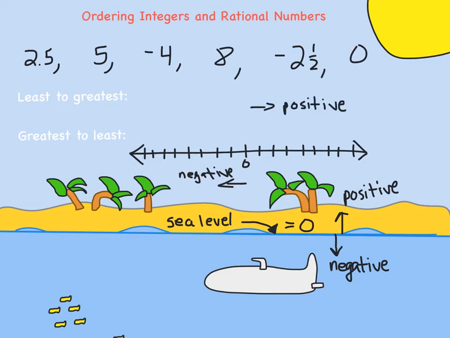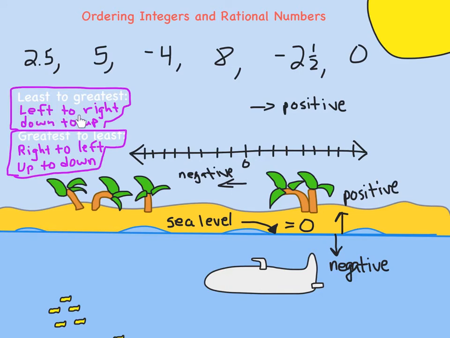So the real way to order from least to greatest would be moving from left to right, because as I move to the right, my numbers will increase or get bigger, and as I move to the left, my numbers will decrease. So greatest to least would be right to left, least to greatest would be left to right.